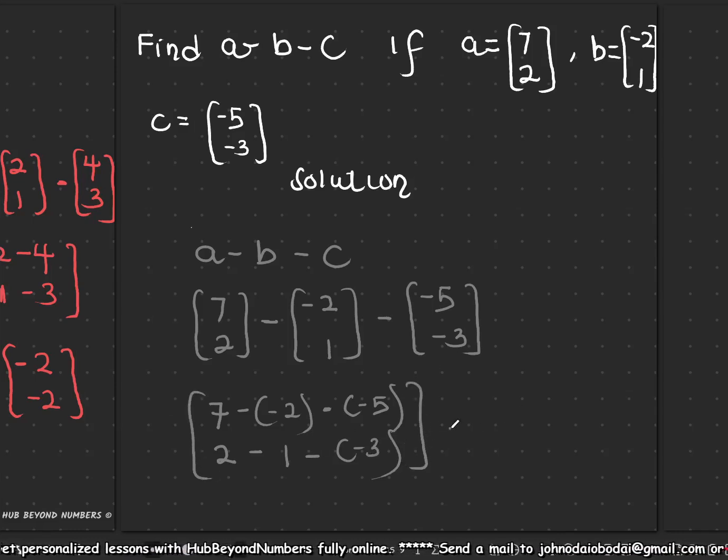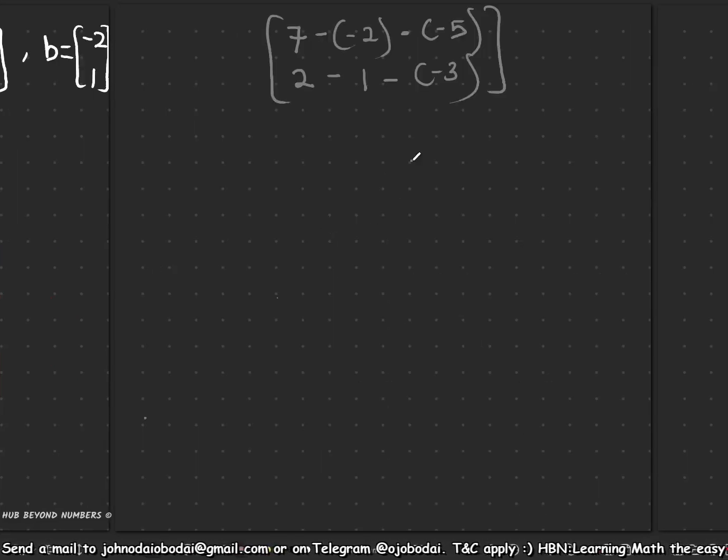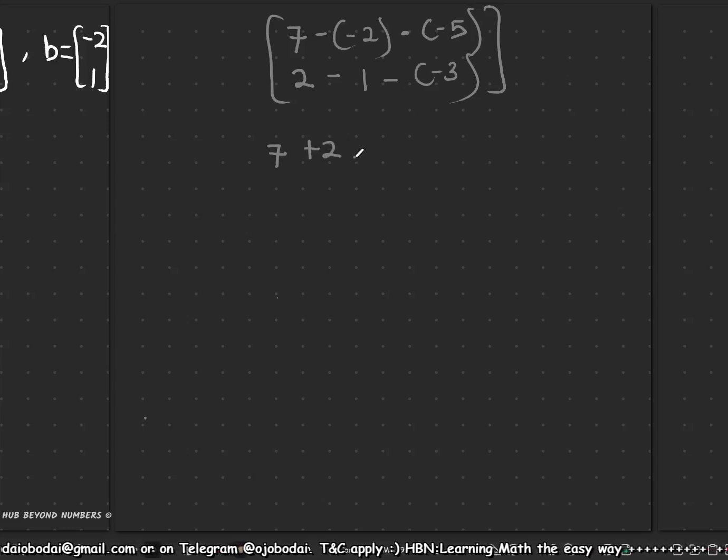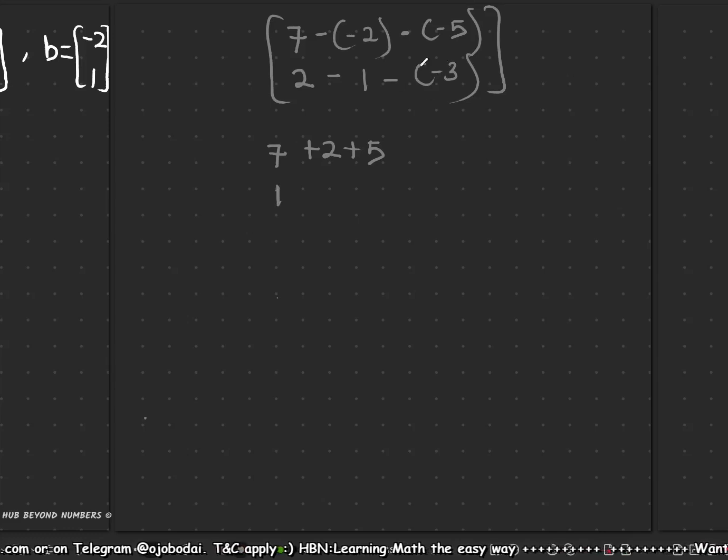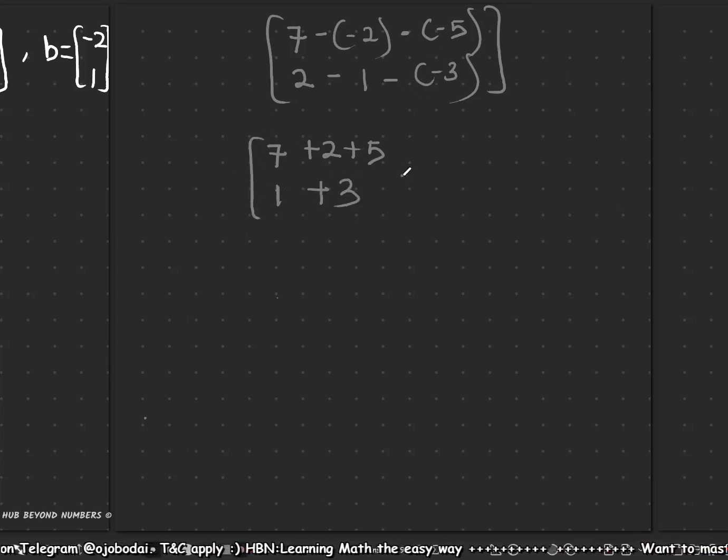So we now do our simplification. Now simplifying this over here, realize that our 7, then negative and negative becomes plus, so plus 2, and same applies here, plus 5. Then for this we have 2 minus 1, which is 1. Then the negative and negative gives us a plus 3.